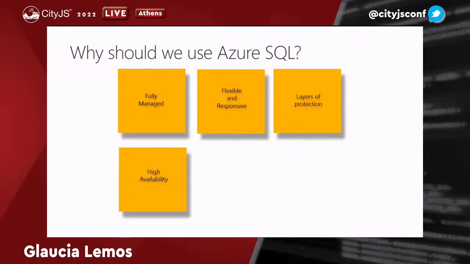Also, built-in artificial intelligence and high availability maintain peak performance and durability with an SLA of up to 99.995%, for example. This is another, for me, of the best benefits of using Azure SQL, because Azure SQL Database is based on the latest stable version of the Microsoft SQL Server database engine.